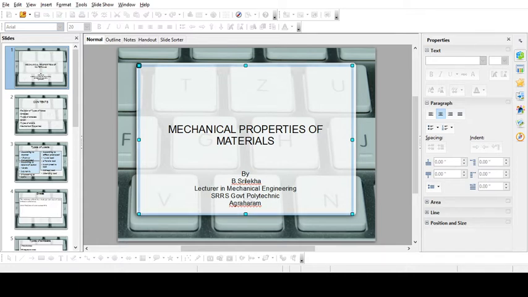There are a few important mechanical properties: strength, ductility, malleability, brittleness, hardness, resilience, toughness, fatigue strength, creep, and one more thing is modulus of elasticity.